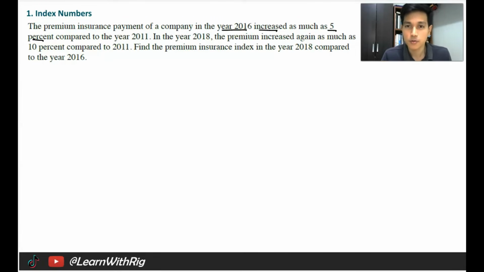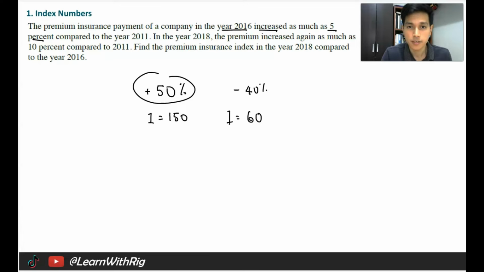Remember I told you at the start of this video, if you sell a classic car and the price increased by 50%, your index number is 150. If you reduce by 40%, your index number would be 60, because 100 minus 40. In this case it is 100 plus 50. I hope you all take note of that and understand this.